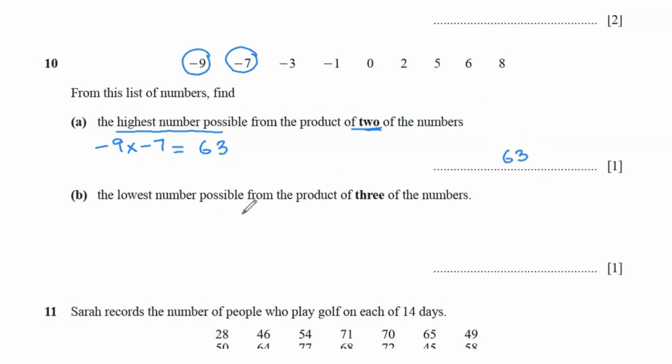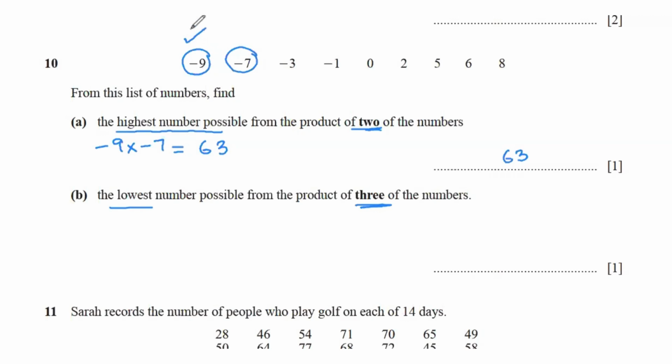Then the lowest number possible from the product of three of the numbers. So lowest, and three numbers being multiplied. In this case, we're going to multiply one negative integer with two positive. For the lowest number possible, the negative integer can be -9.